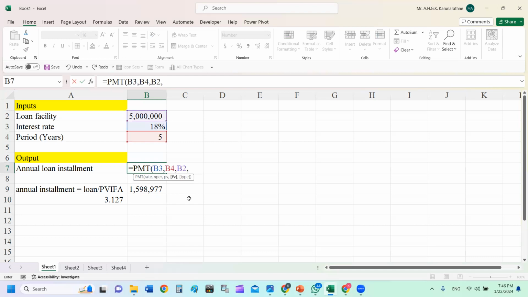Say people don't want to generate additional savings; they just want to settle the loan and make the loan zero.